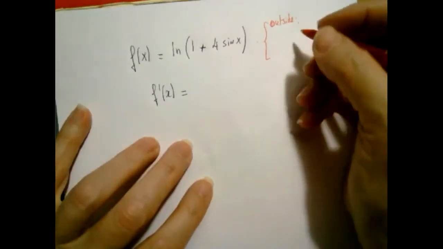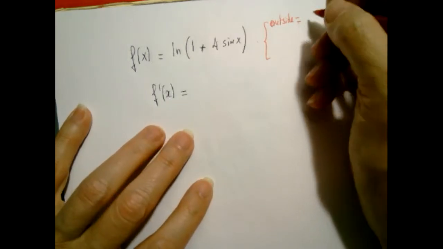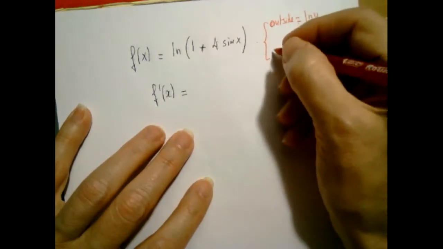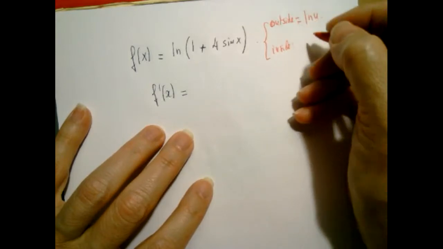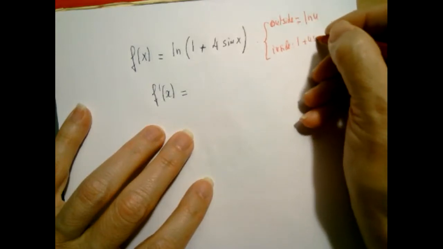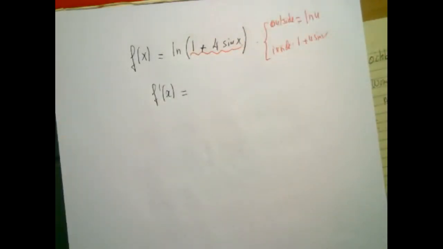Because I'm very quiet today. What's the outside? Outside is the ln of u. What's your inside? I'm copying 1 plus 4 sine x. 4 sine x, that's my inside. Okay, so now what's my derivative?